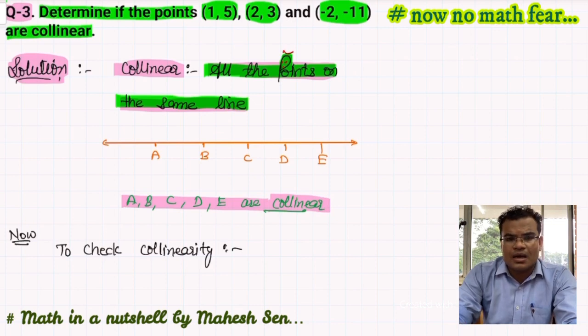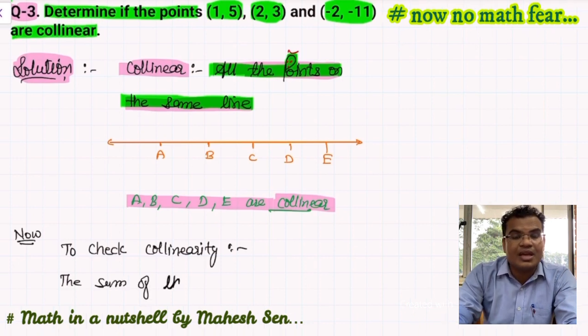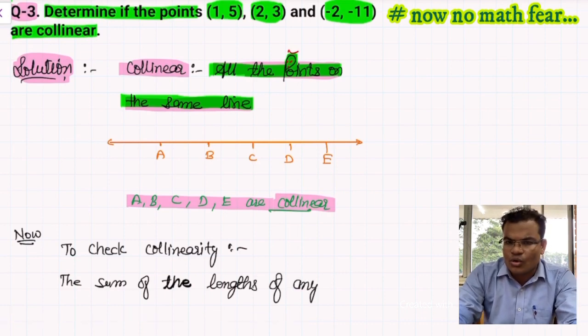What we generally do is take the sum of any two. Try to understand what I'm writing here: the sum of the lengths of any two line segments will be equal to the third one.